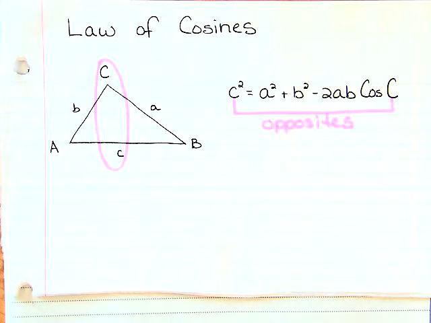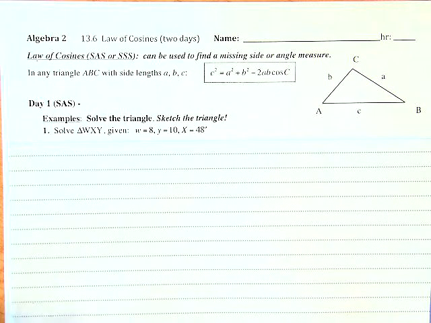Okay? So now we're going to talk about law of cosines day 1. For the most part, we're just going to do it one direction, and then tomorrow or in the next lesson, we'll talk about solving for the angle versus the side. The previous lesson we did 13.5, which is law of sines. Another skill that you're going to have to master is eventually, given a triangle, you have to decide which law to use.